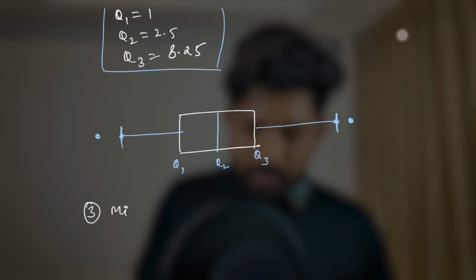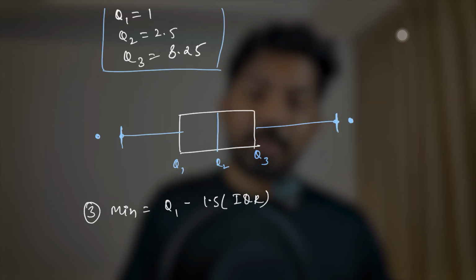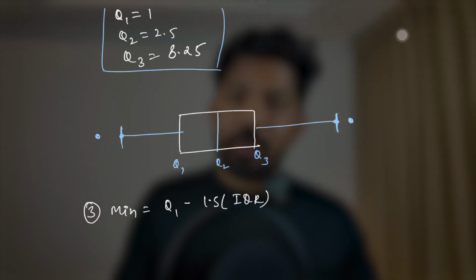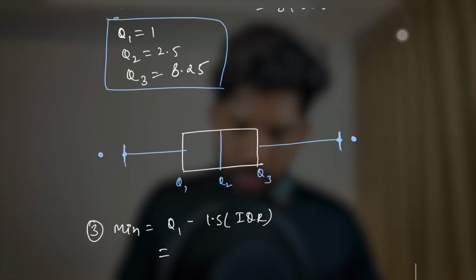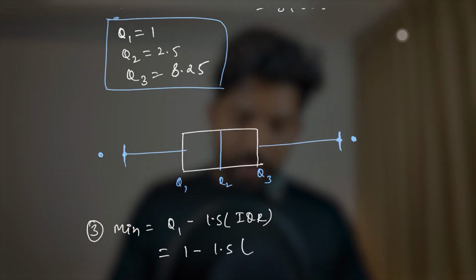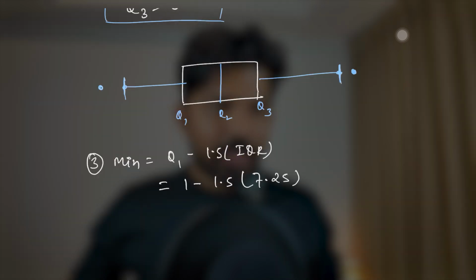So minimum is Q1 minus 1.5 IQR, and we have already learned that IQR is the interquartile range, which is Q3 minus Q1. So I can write Q1 is equal to 1 minus 1.5 IQR. IQR means 8.25 minus 1, which is 7.25. So now let me calculate this.